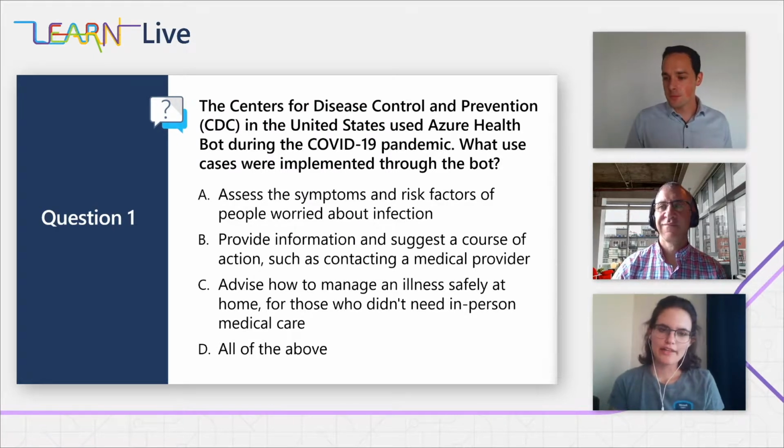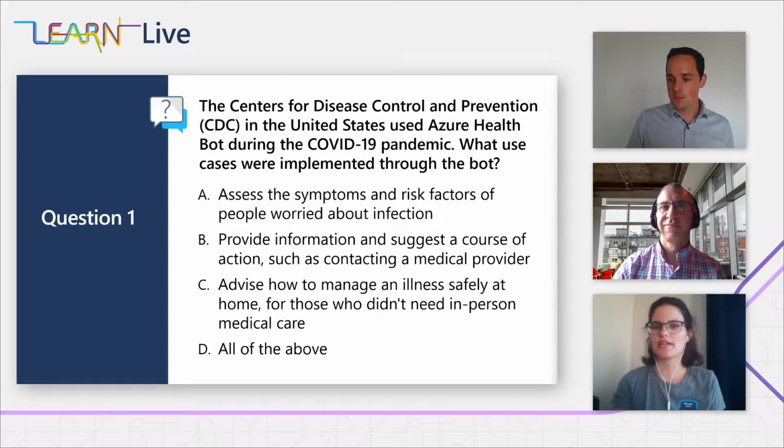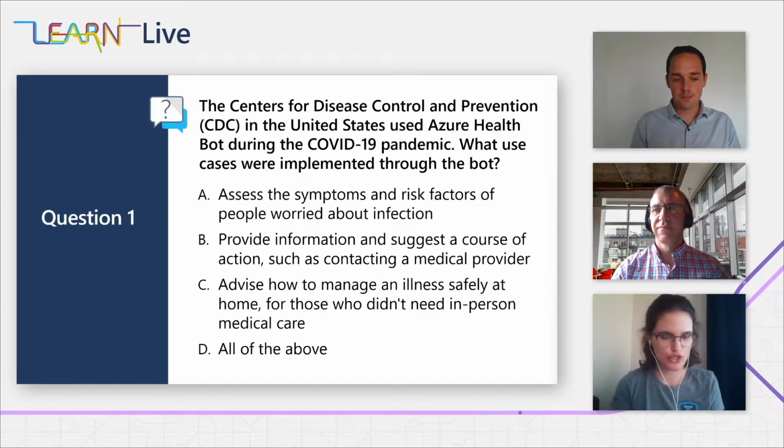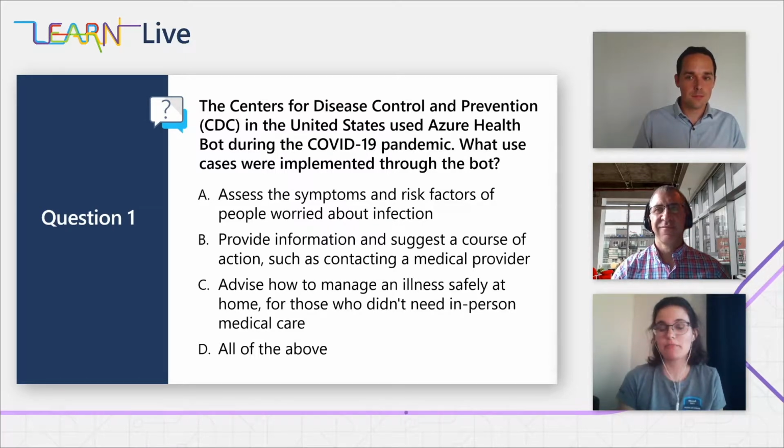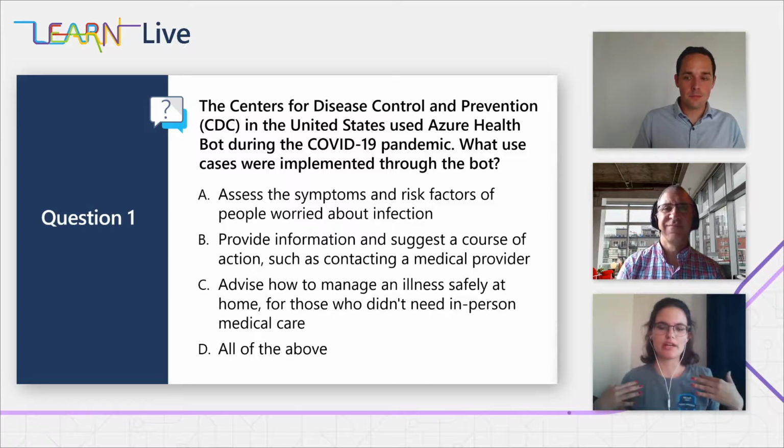Well, I think Gregory showed us the case study for the CDC, and we also saw some examples in the Middle East and in Europe. I think all three, A, B, and C, might be the correct answers, because the bot can assess our symptoms and suggest a course of action.